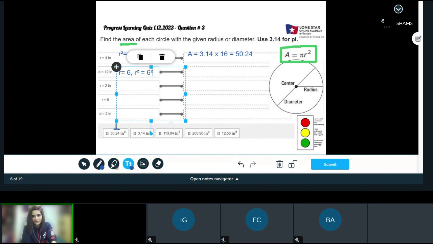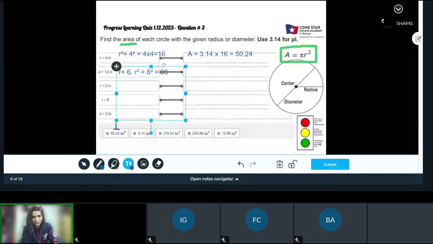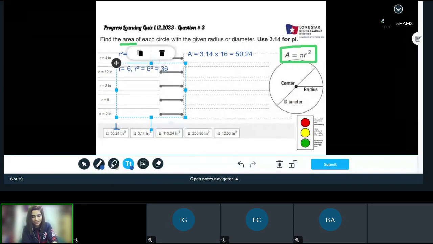Let me look at the chat. Square of 6: 6 times 6, Annabelle. 36. There you go. So I will write 6 squared is 36.